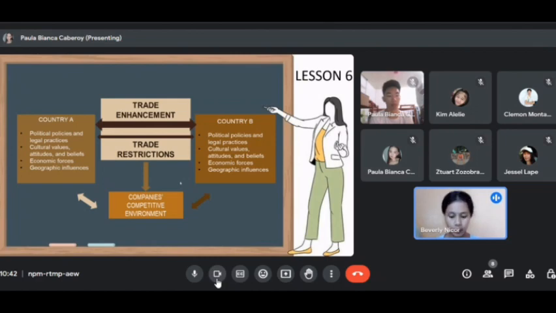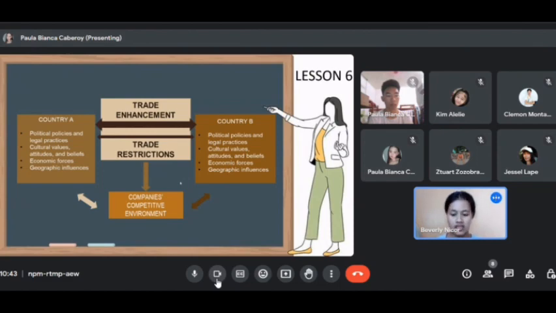For example, country A that places a high value on domestic industries and local jobs may be more inclined to implement protectionist measures to shield their industries from foreign competition. Similarly, country B that has experienced a history of exploitation by foreign powers may be more likely to support trade protectionism as a means of asserting their economic independence.